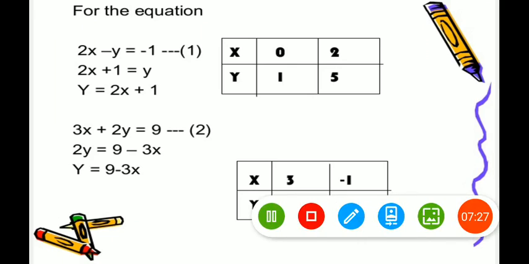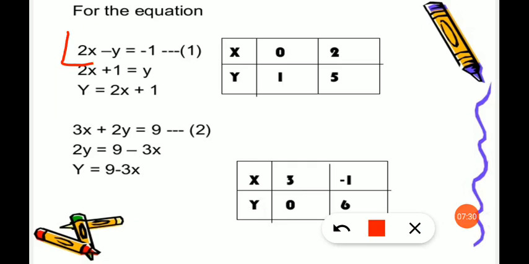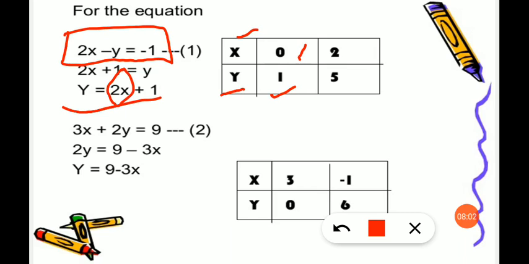For the first equation, 2x minus y is equal to minus 1, we make a table of x and y. This can be written as y is equal to 2x plus 1. Now we give different values to x and find the relative value of y. If we put x is equal to 0, 2 into 0 is 0, plus 1, so we get 0, 1.